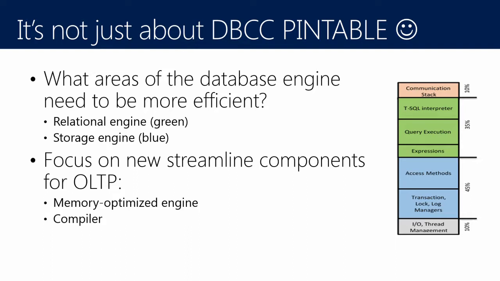And you can see over here Microsoft did a bit of analysis, and on the right-hand side, they've had a look at where we're spending execution time on the servers executing SQL code. If we put things into memory, you can see over here the I/O and thread management only represents 10% of the overall computation of something executing. So we're not going to get a big win by just putting things into memory.